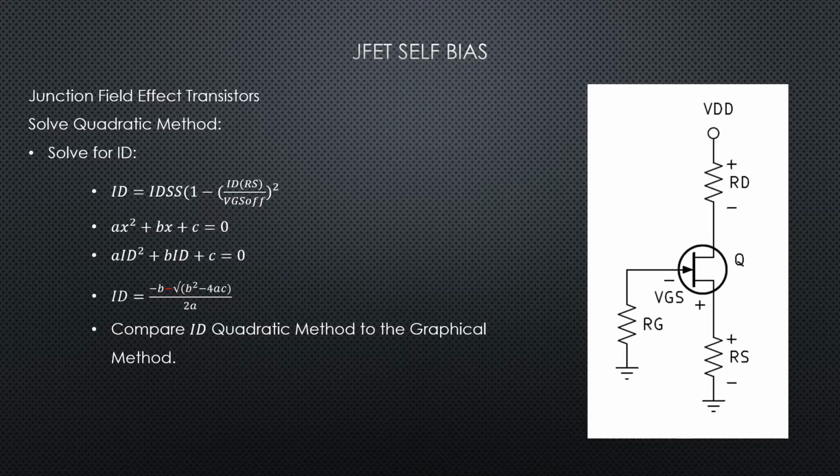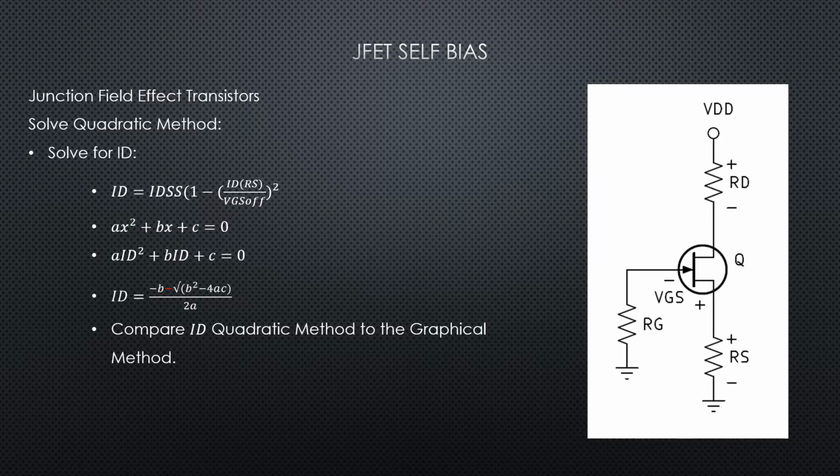The other thing to point out here is for the quadratic equation, usually it's minus b plus or minus the square root of b squared minus 4ac, all of that divided by 2a. To solve for our ID current, our drain current, we only need to do the minus instead of the plus or minus.